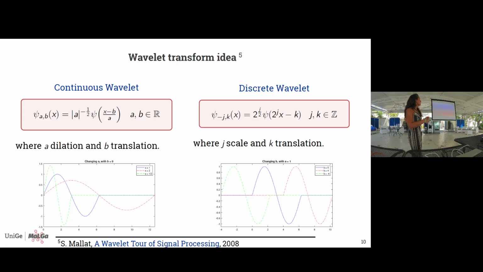The finer the scale, the smaller the translation parameter. Finer scale means that psi oscillates fast, and if we have a function that oscillates fast, we have to translate it by a small step.